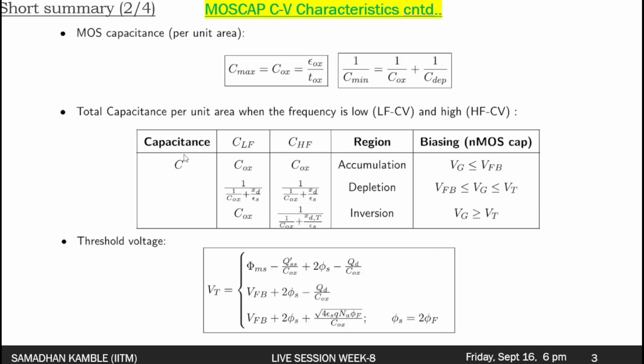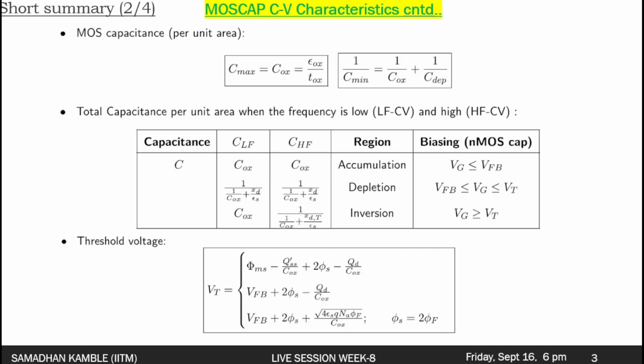Also the capacitance per unit area, where we are separating the low frequency and the high frequency. You can see the capacitance for the low frequency range and for the high frequency range, and the biasing condition for the NMOS capacitor for different regimes in the CV characteristics.